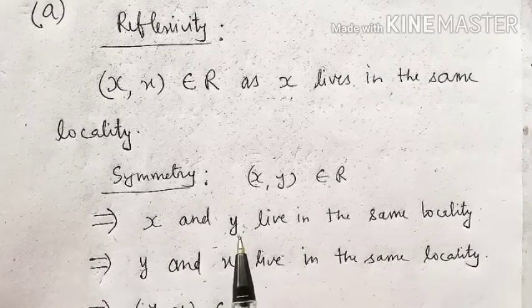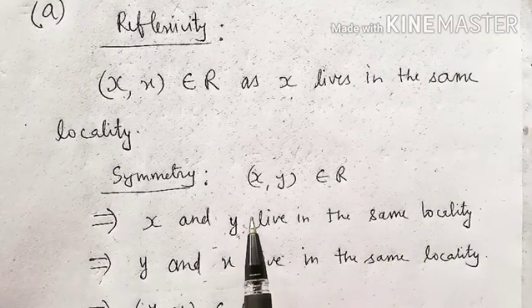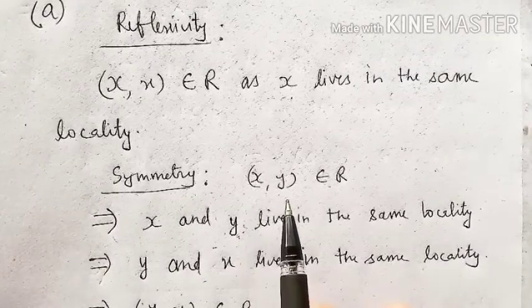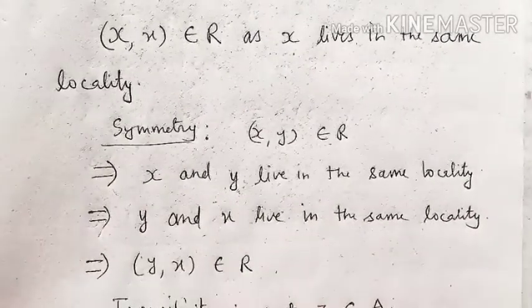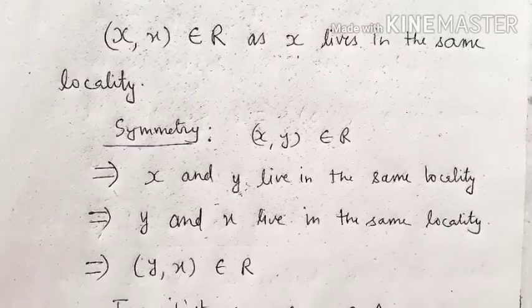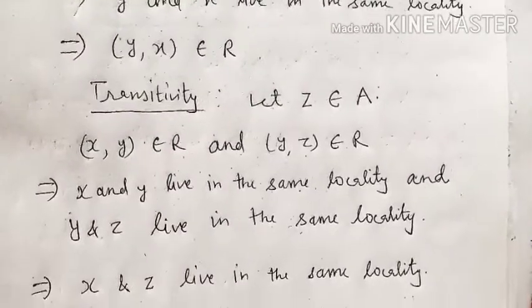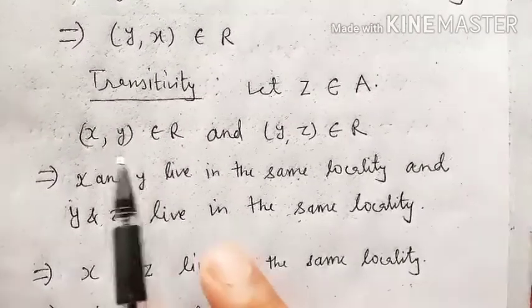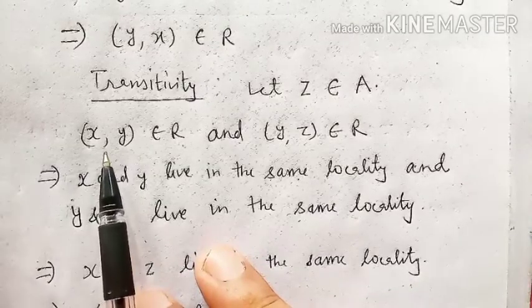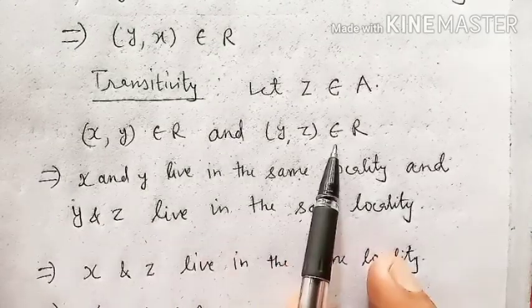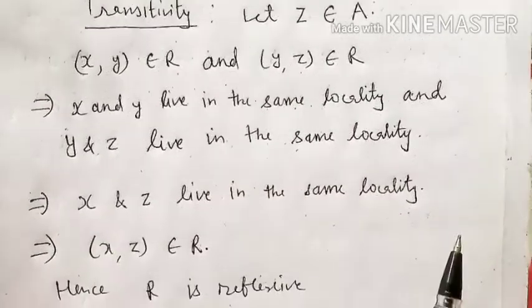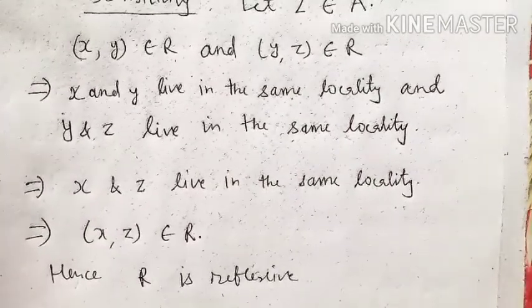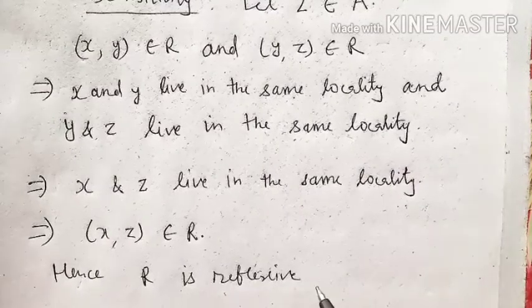If (A1, A2) belongs to R implies that (A2, A1) belongs to R, then the relation becomes symmetric. And for transitivity, if XY belongs to R and YZ belongs to R, then XZ belongs to R, then R becomes transitive.